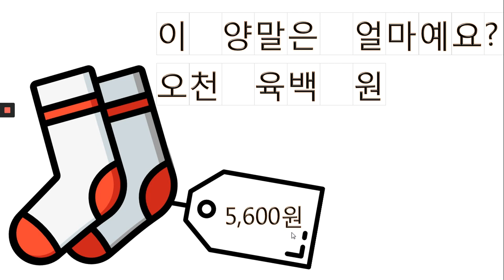But in Korean, we usually omit the subject "it." So we just say "is 5,600." But in Korean, the verb must be at the end of the sentence. So 5,600 is. Okay, what is it? Because 1 has 받침, 이에요. Okay. 이 양말은 얼마예요? 5,600원이에요.